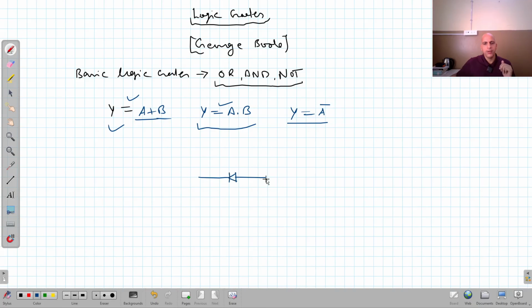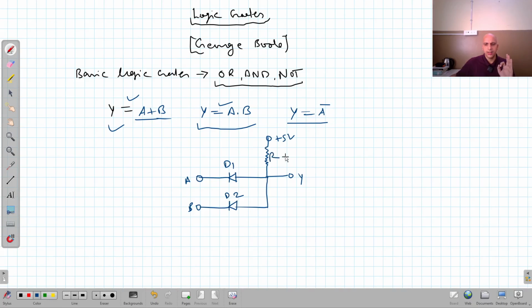This is a PN junction diode. I must have two PN junction diodes connected in this way. This is the resistance. This is the supply, 5 volt. This is for output Y, and this is for inputs A and B. This is diode D1, this is diode D2. This is a very simple circuit.